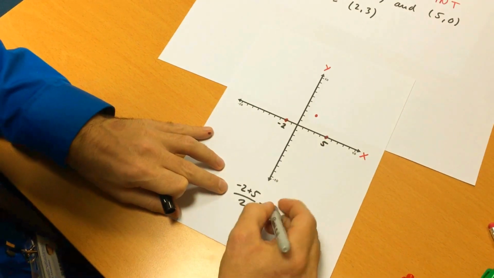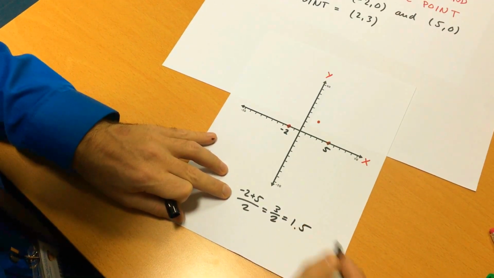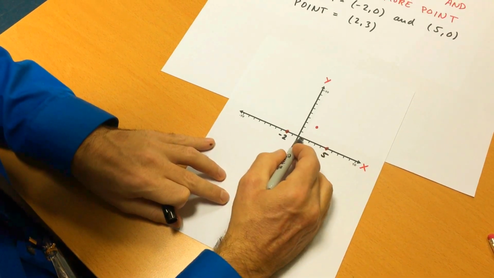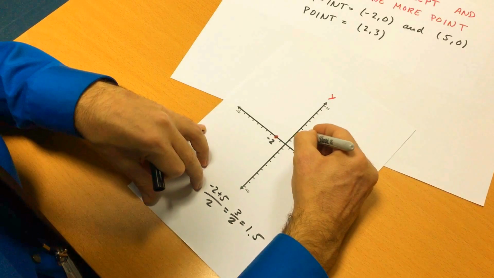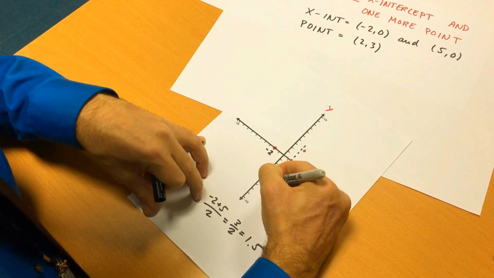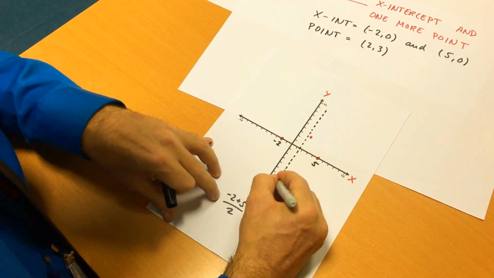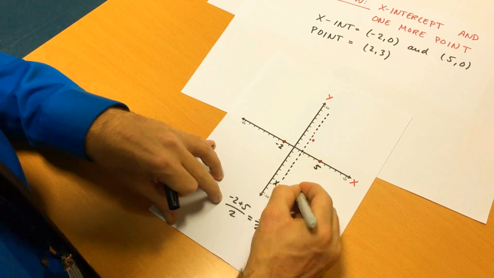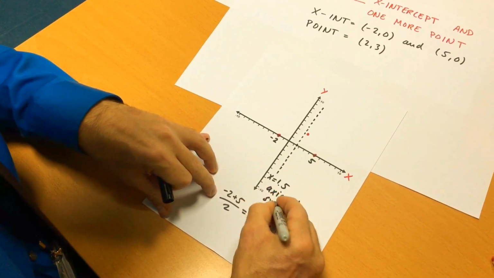I have negative 2 plus 5, that's 3, divided by 2. So that's 1.5. 1.5 is actually very close to 2. So 1.5 is somewhere here. So the axis of symmetry would be here, x equal to 1.5. This is the axis of symmetry.